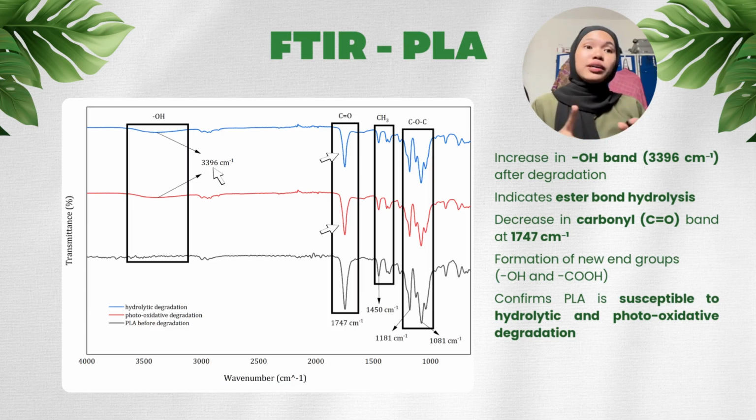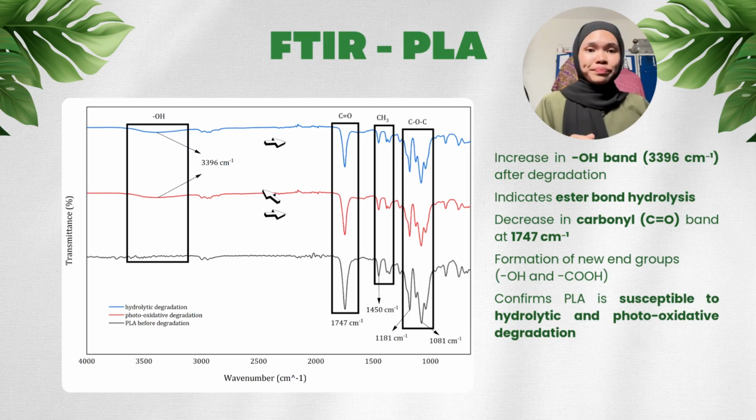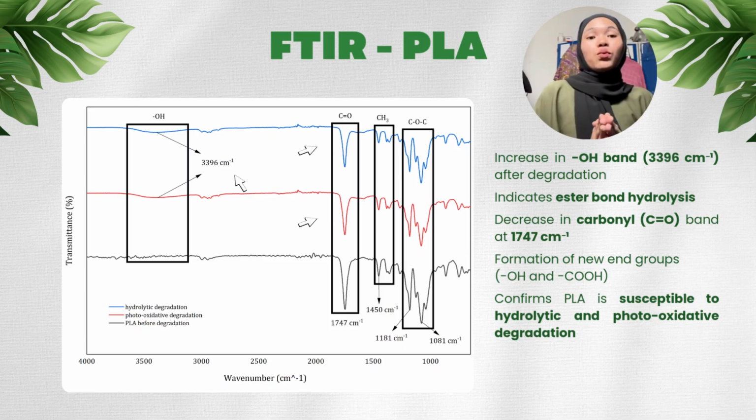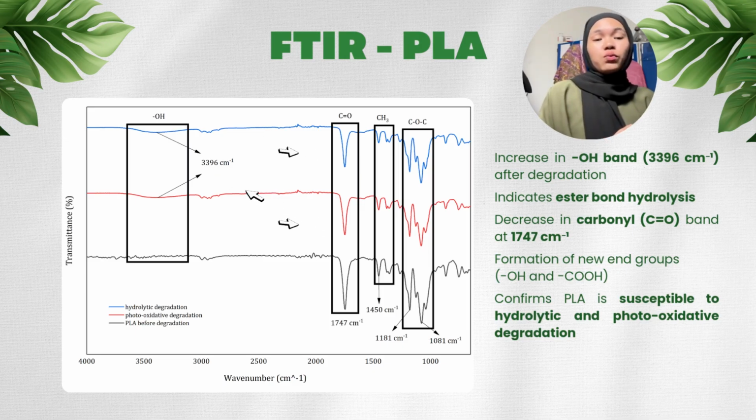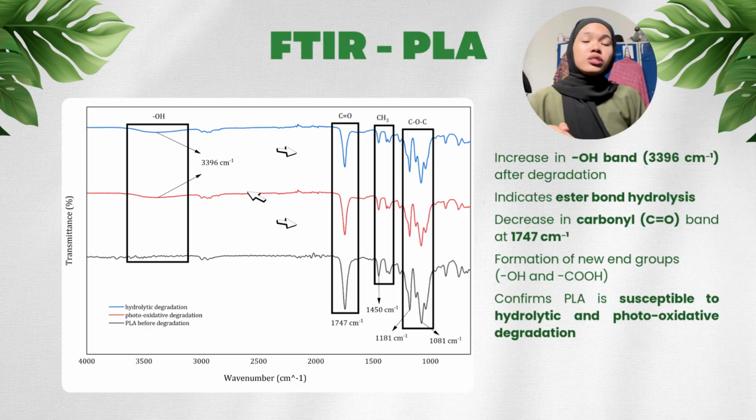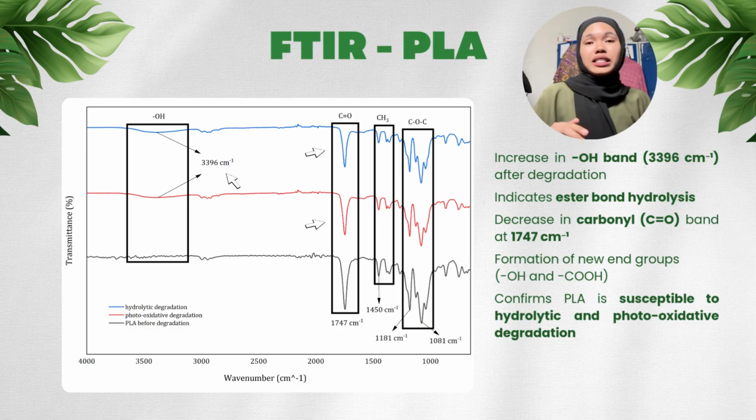This confirms that hydrolysis has occurred in the PLA chain. Additionally, a weak new peak appeared around 1579, which is associated with the formation of a new carbonyl-related structure. Although this peak is weak, its presence only after degradation suggests an early stage of structural modification in PLA.